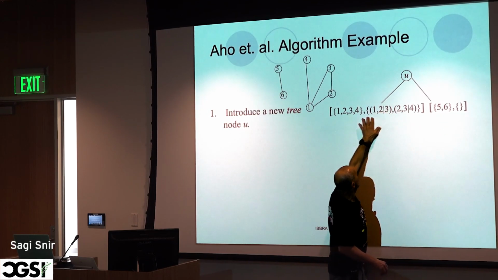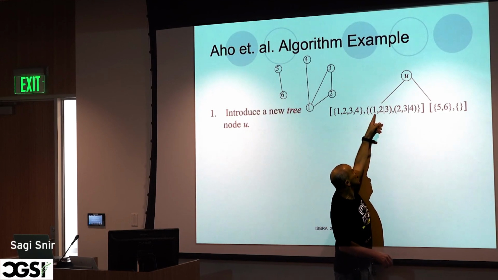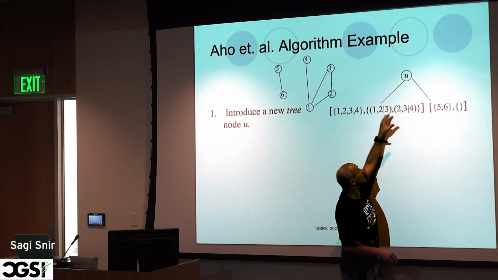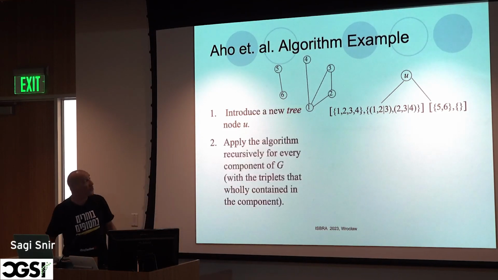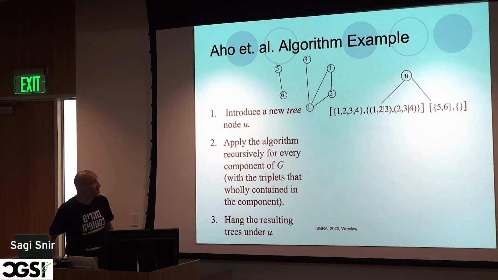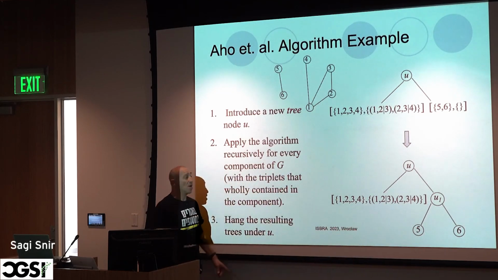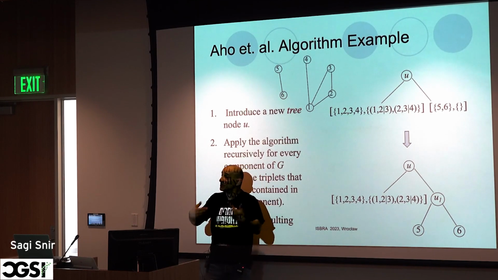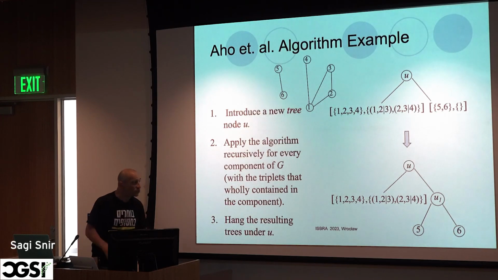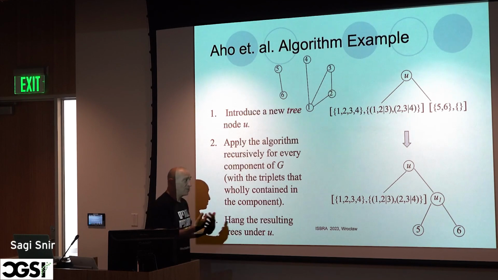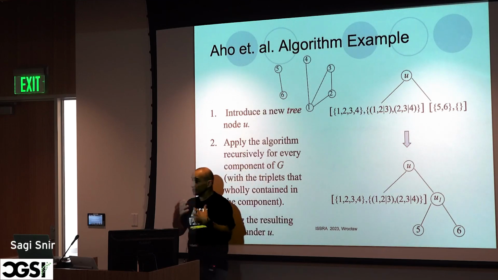But here we have these 4 elements from this connected component, and we have that information. These are the triplets that belong to these guys. Let's see how we do that. So first we hang 5 and 6. No more information here. But let's see how we did that, and everything here is recursive. It's really, even for a programming course, something so nice to program and to train your students in Python, recursive Python, algorithms and combinatorics.